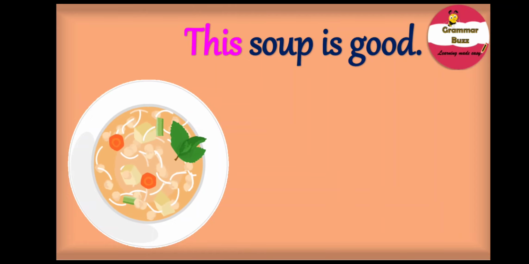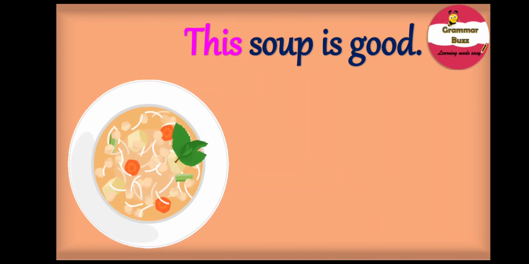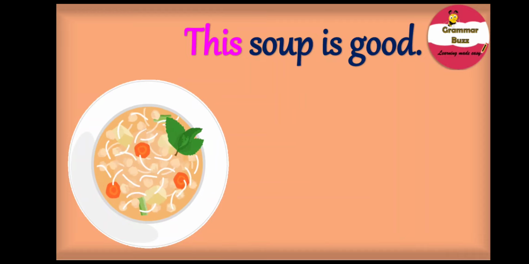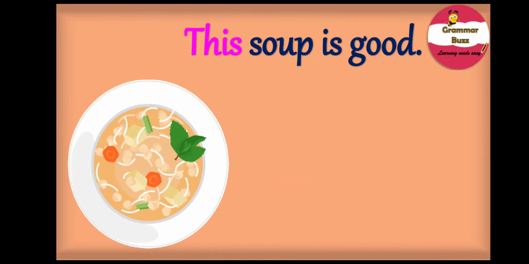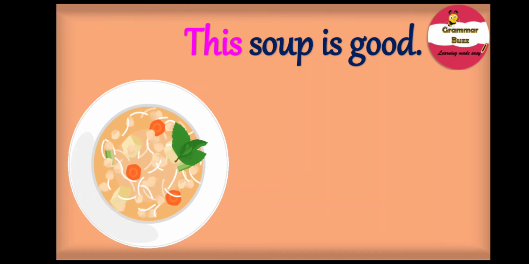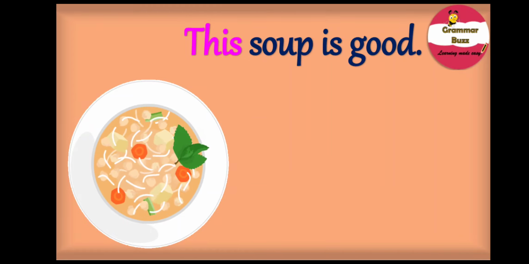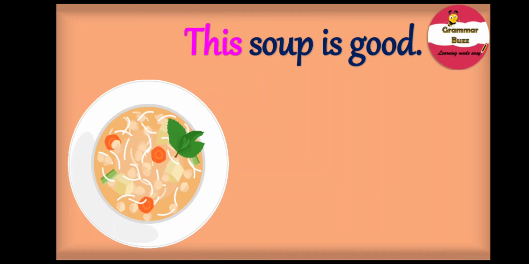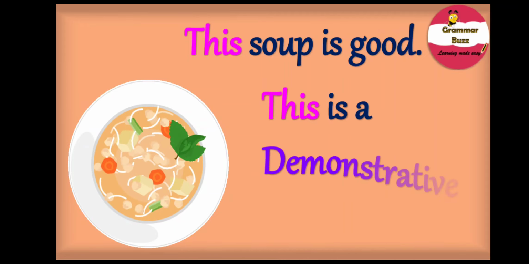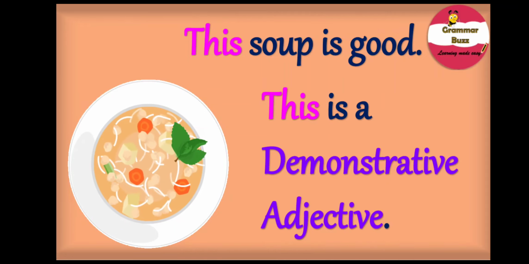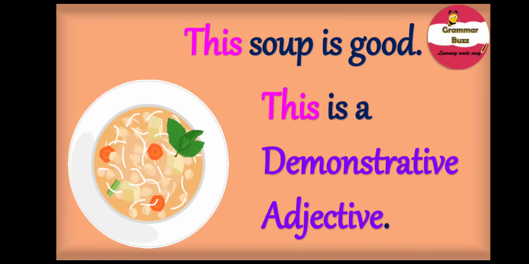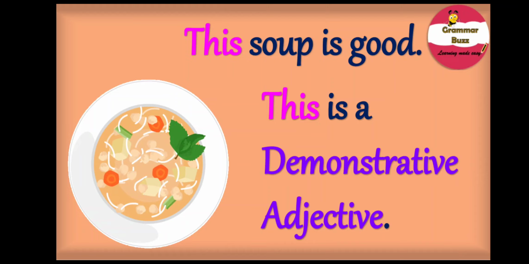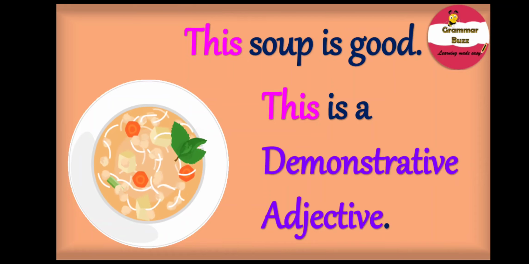So it defines or modifies the noun soup. And you know already that that's the job of any adjective. They describe the noun. So here too, this describes the noun soup. So in this sentence, this is a demonstrative adjective.